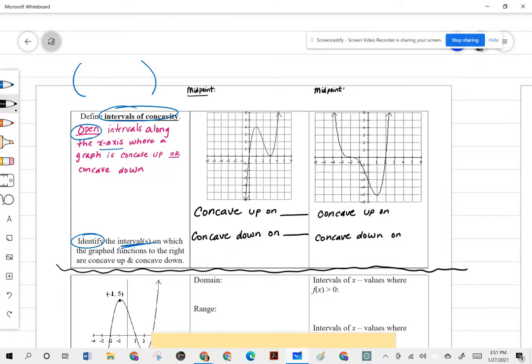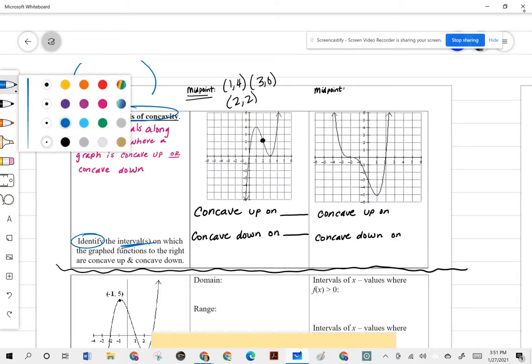So in this midpoint, notice I don't have an inflection point on the x-axis, but I do have the midpoint of (1, 4) and (3, 0). So if I were to do that, I'm going to get the midpoint of (2, 2). So that right there is my inflection point. That's where it changes concavity.